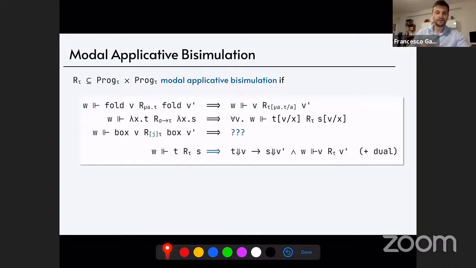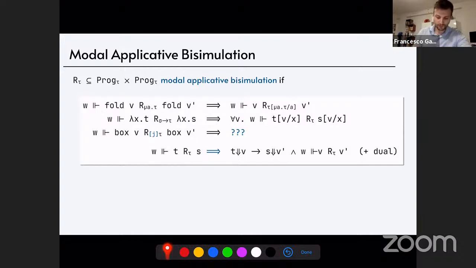So what we do is try to import the definition of applicative bisimulation that we have seen before in this modal or coeffectful setting. And most of the clauses are actually rather straightforward because they are just the same ones that we have seen in the extensional version somehow, but this time instantiated with respect to possible worlds.